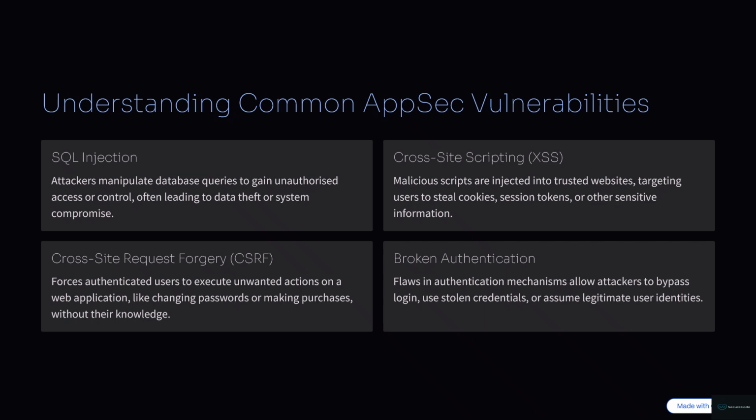The third one is cross-site request forgery. Cross-site request forgery tricks a logged-in user's browser into sending a request to a website without their consent, typically performing an action like changing a password or transferring money.